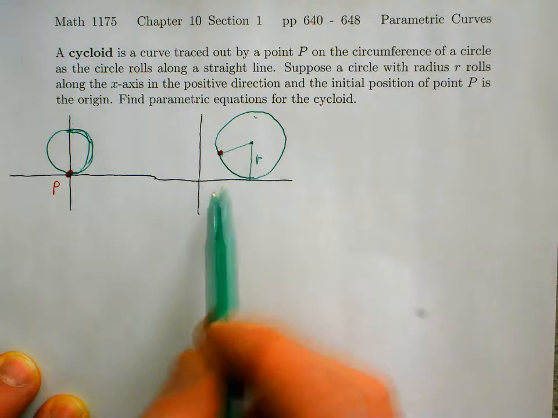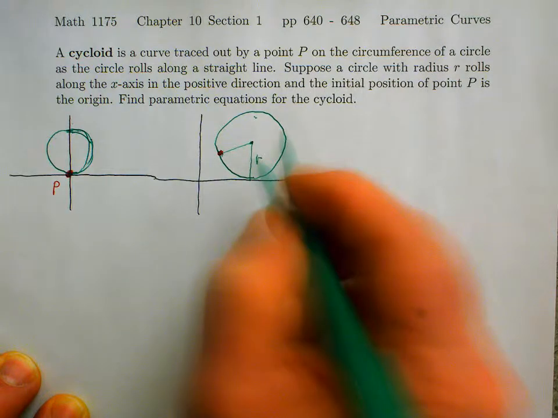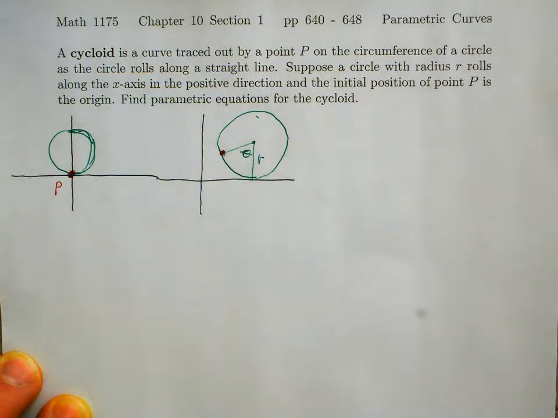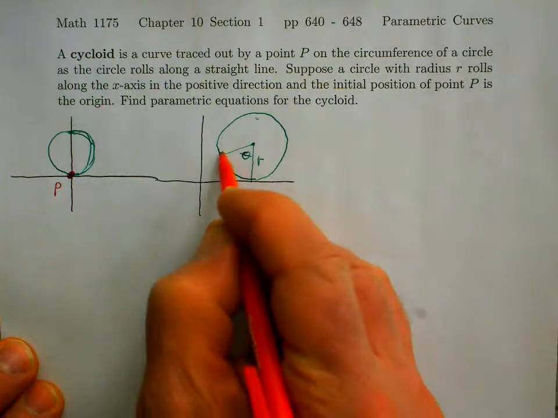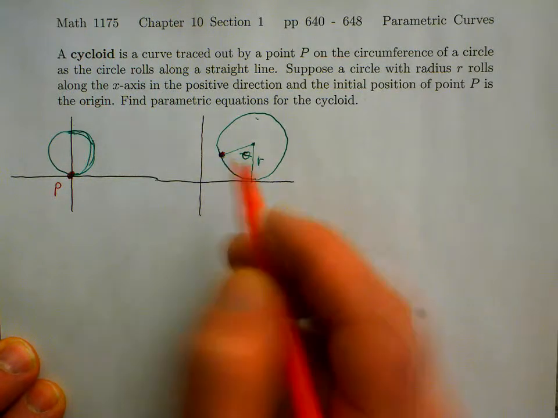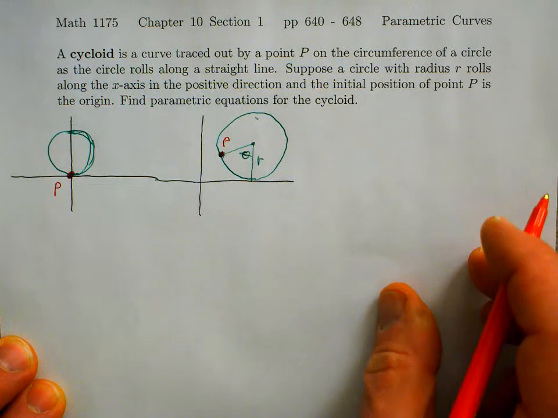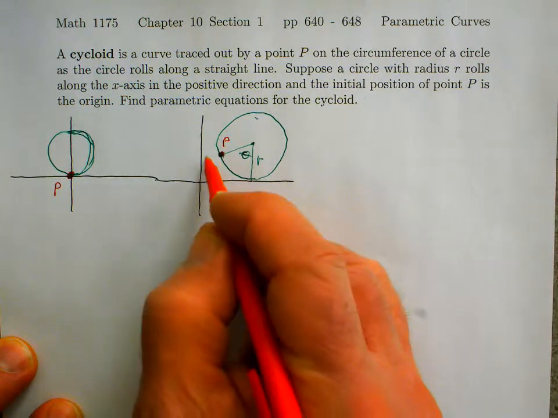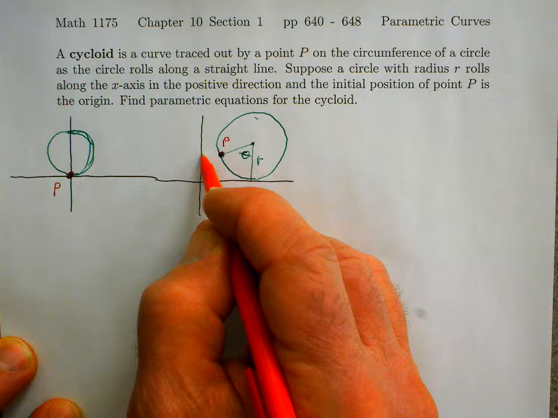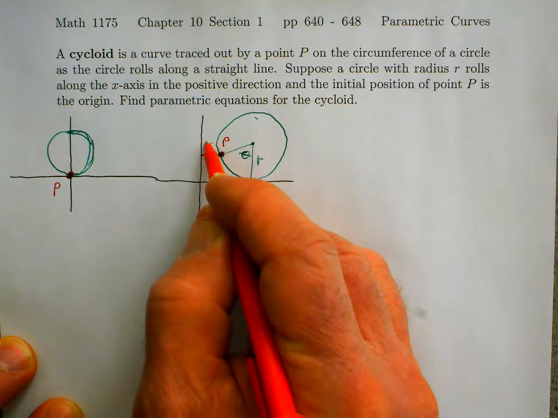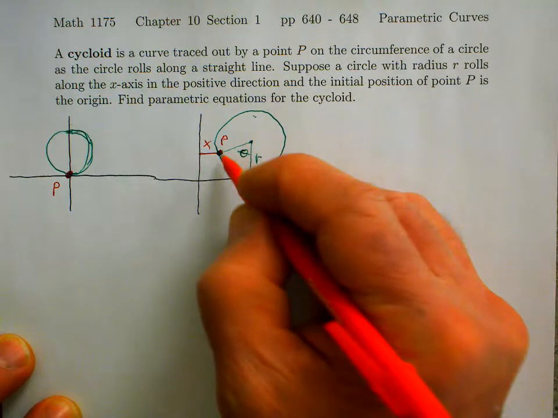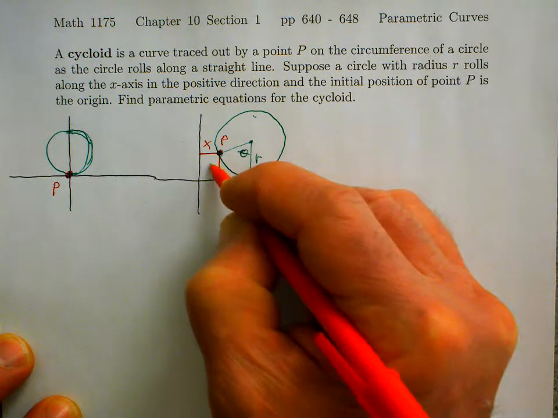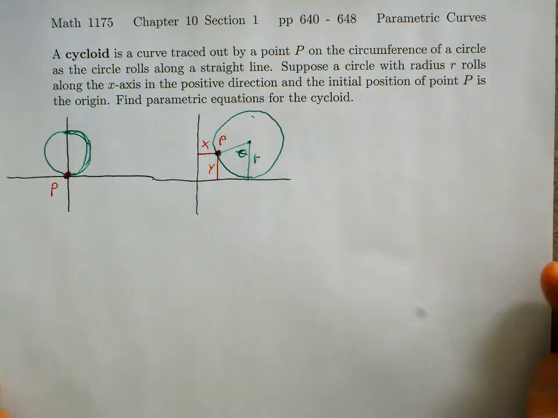And we'll suppose that we rolled through an angle of theta, not degrees, theta radians. What we want to do is find the x and y coordinates of the point P. The distance from the y-axis to this point is the x-coordinate of that point, and the distance from the x-axis to this point is the y-coordinate of that point.